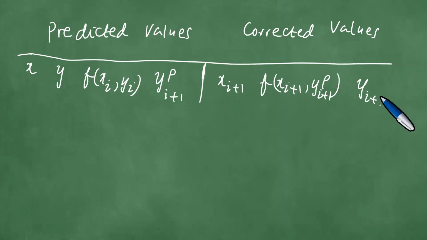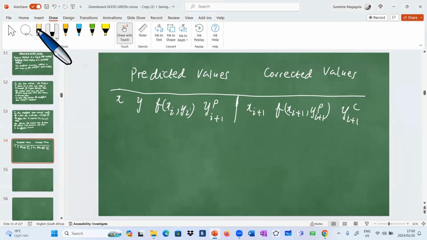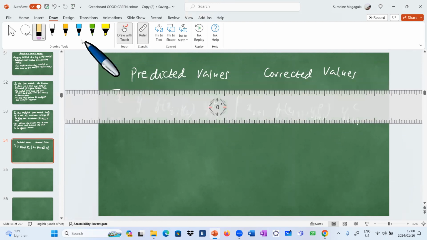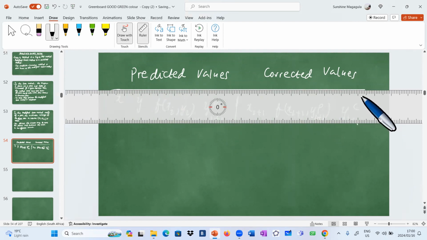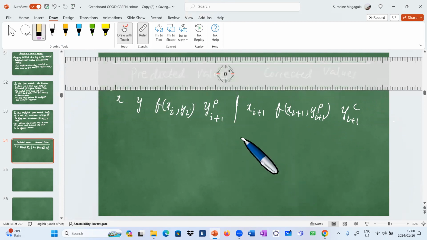So there is y_i plus 1 c. Let me just try to draw a tidy table. Please forgive me. I want to demonstrate the table here. This is the sort of table we learn. It's going to take this format, and we're going to have a couple of divisions.